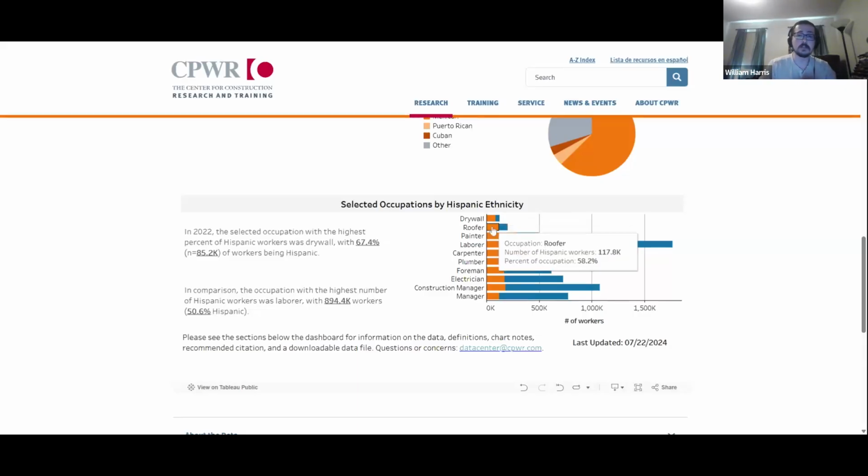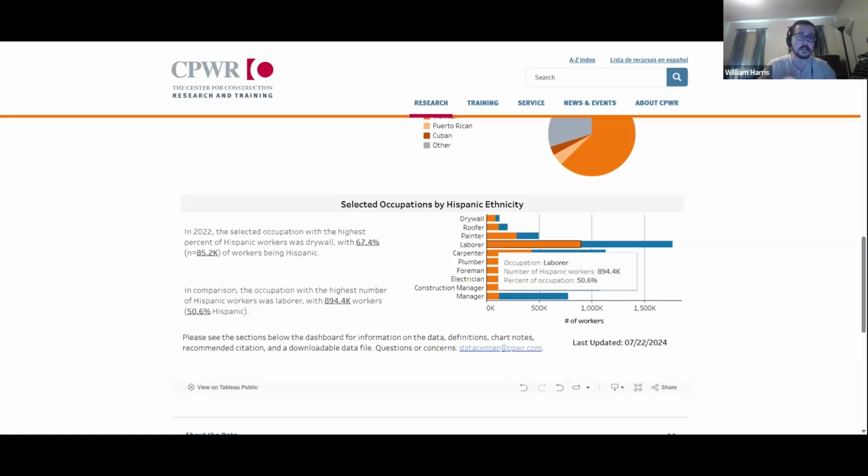This is then followed by roofers, who have 58.2% of their workforce Hispanic, alongside painters. And then laborers, one of the most populous groups on this chart. There's almost 900,000 Hispanic workers accounted for here, and they make up just over half of the construction laborers within the United States workforce.